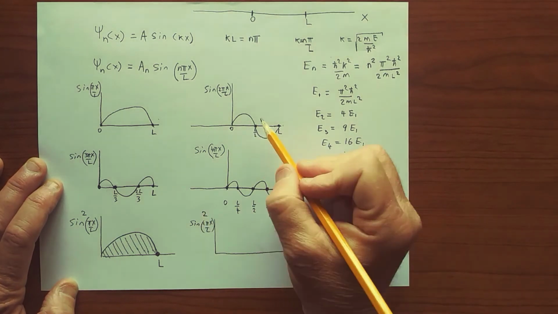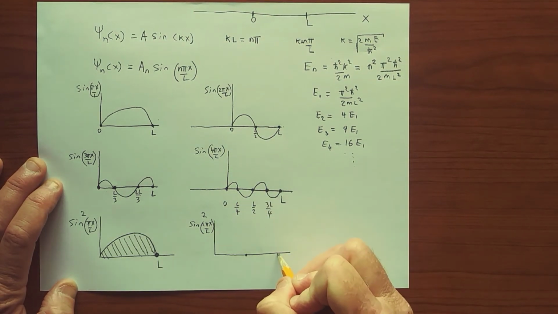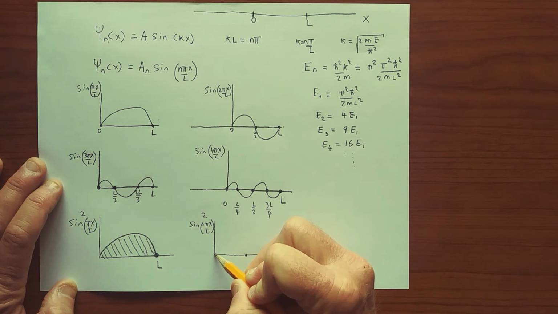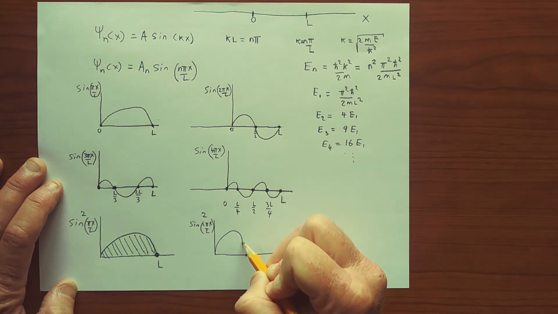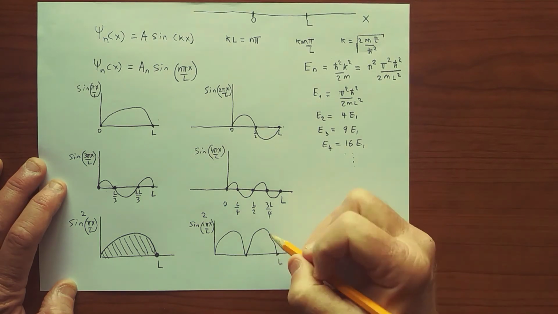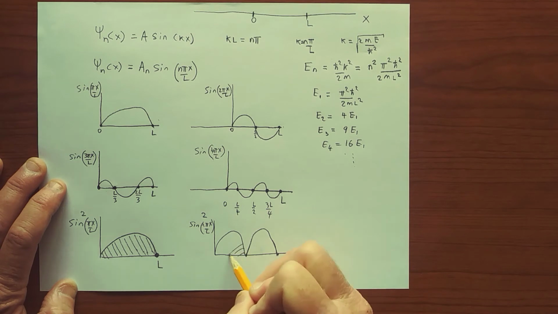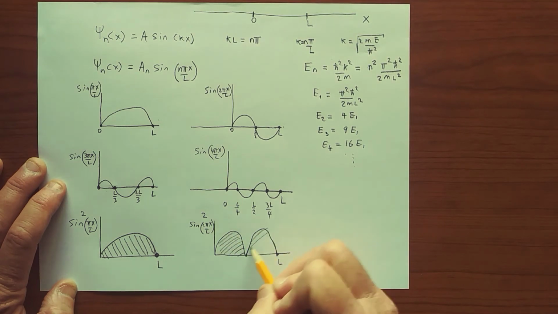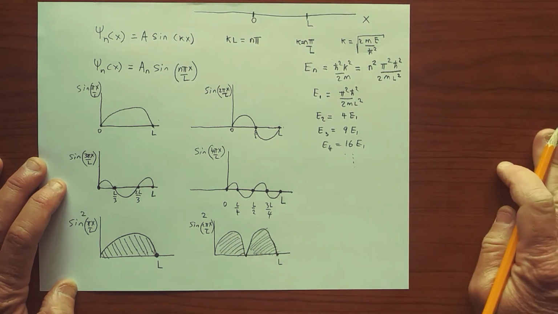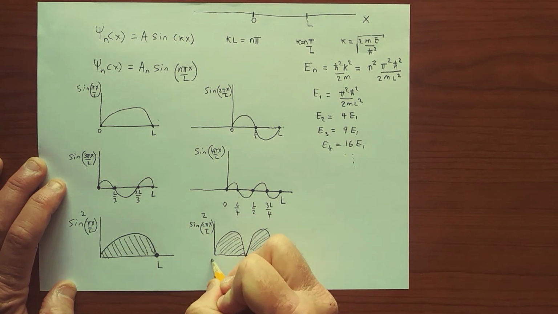Right, so that's just going to be this quantity squared, so it's basically, if this is L, then we get a bump in both places here. Maybe not the best drawing. And then the area under the curve will be this area plus this area. And this is L over 2.